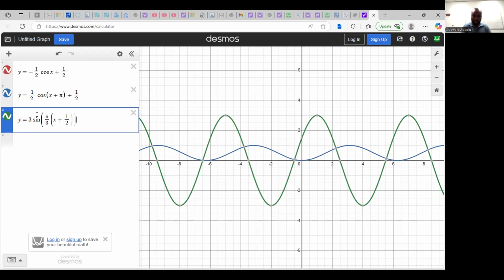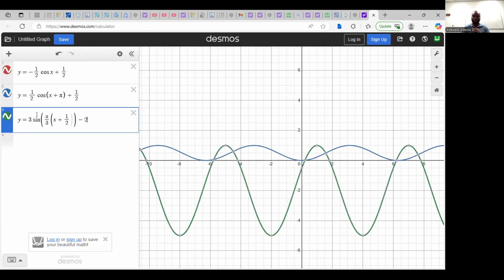Then I'm going to shift everything here. Look at that.